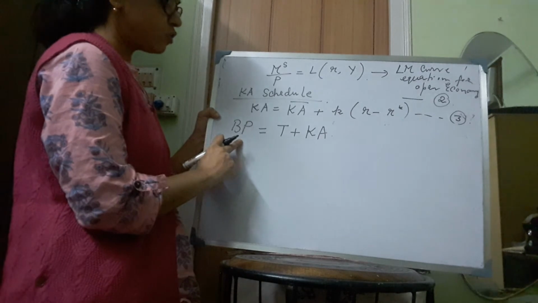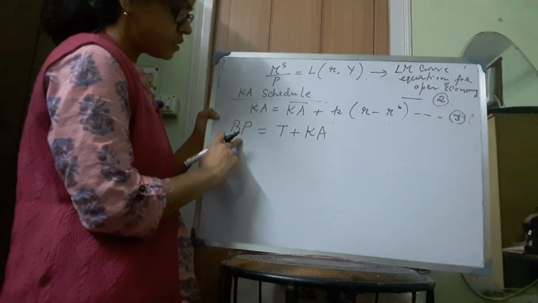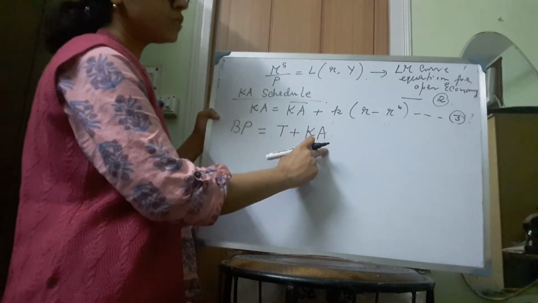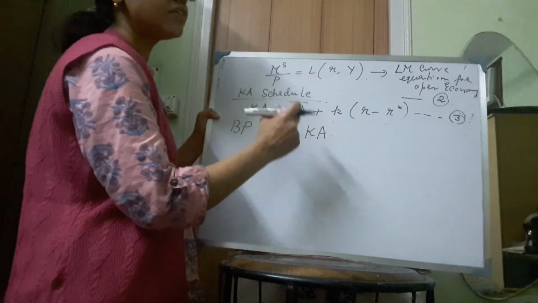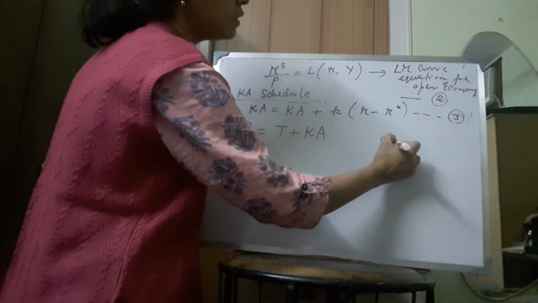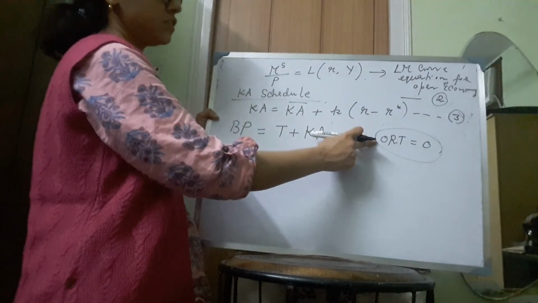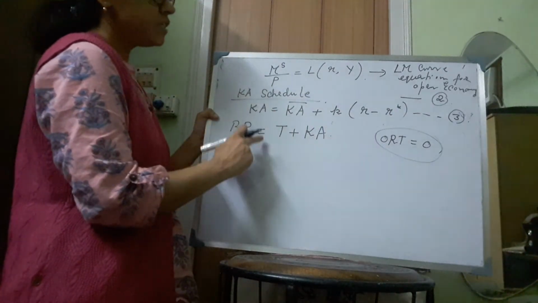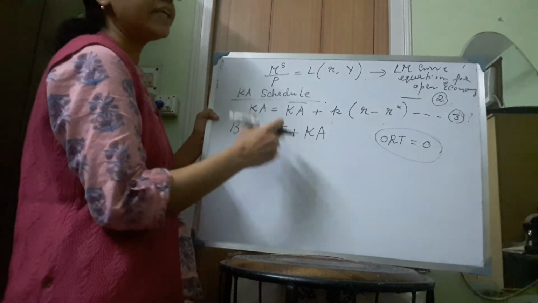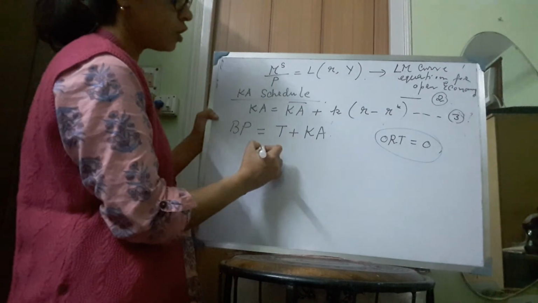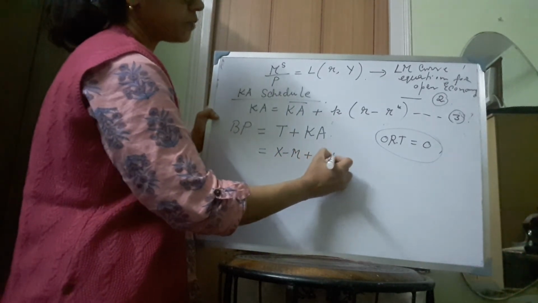Now if BP, the total balance of payment, is 0, then T plus KA is equal to 0, and KA is equal to minus T. And here the official reserve transaction, that is ORT, is 0. We are assuming this, and that is why we are writing that BP is equal to the sum of the trade balance and the capital account. And trade balance is basically export minus import, that is the net export. So here we can write in place of T, X minus M, plus KA.